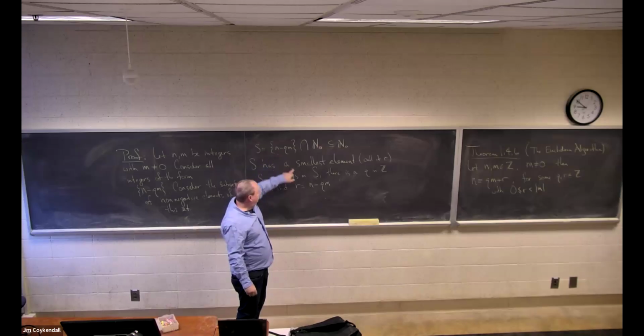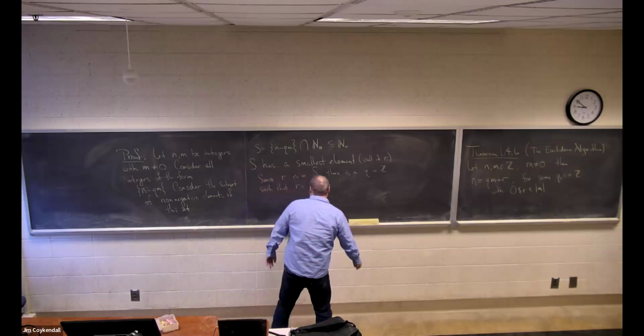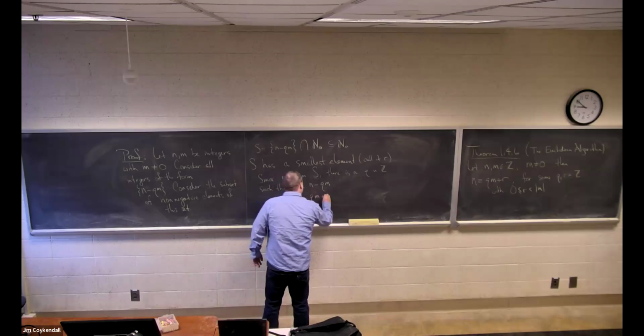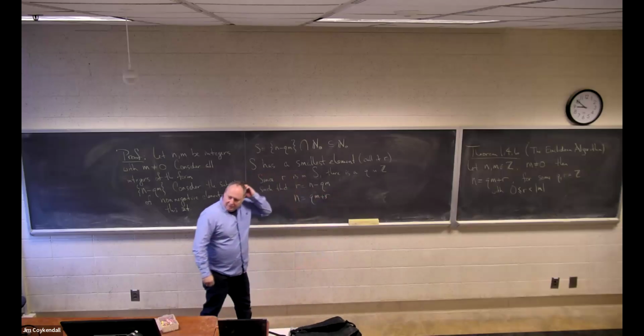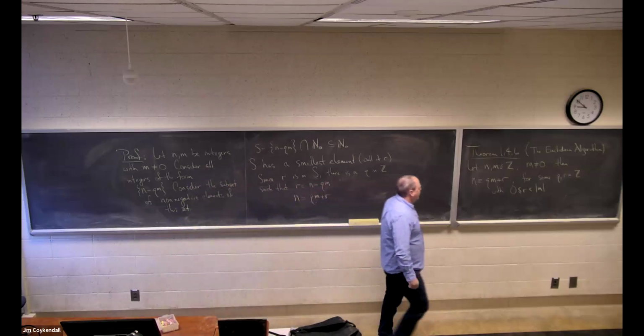And everything that lives in the set can be written as n minus qm, some q, right? Now rearrange this a little bit, which is exactly it.